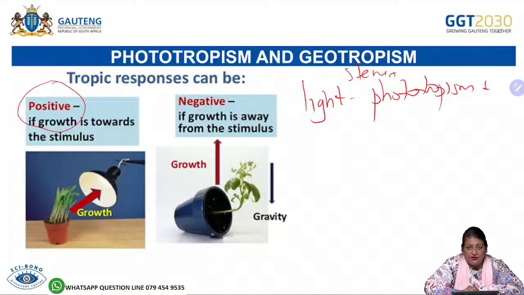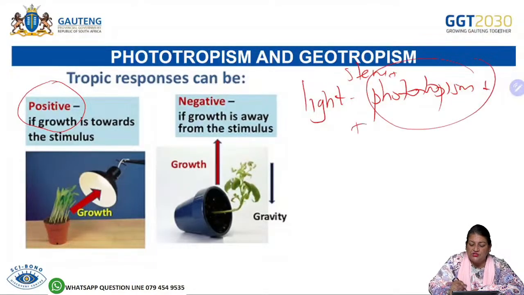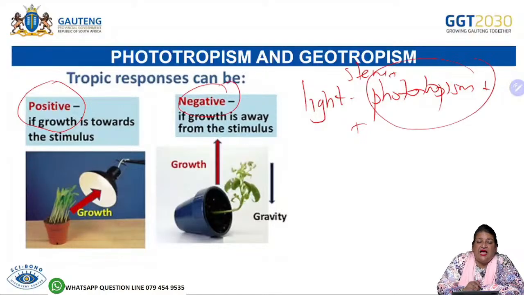So even if the plant falls down, the stem will still bend and grow upwards towards light, and that is positively phototropic. But they are moving away from gravity. So gravity is also a stimulus, but the stem is not growing downwards towards gravity. It's moving away from gravity. And that's why we say that stems are negatively geotropic.